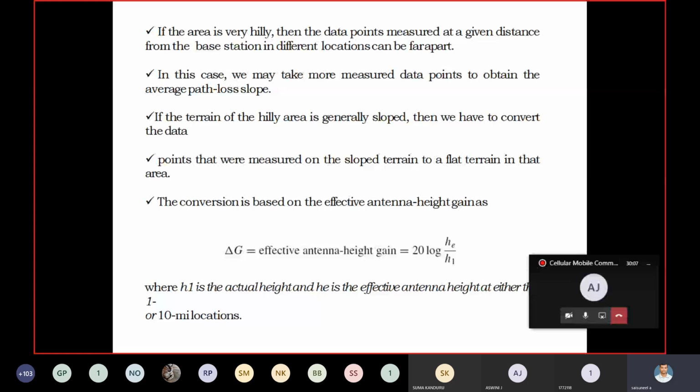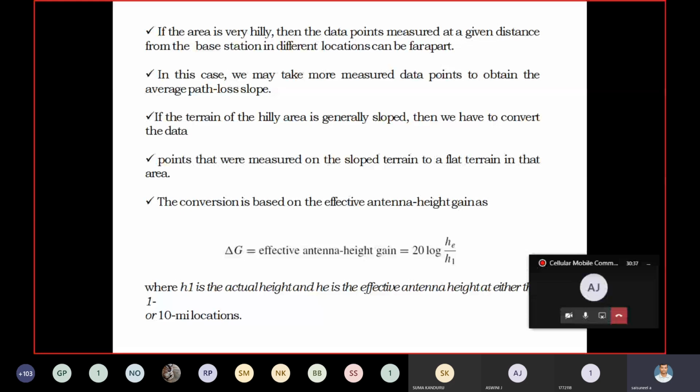At that time, we have to calculate the effective antenna height gain, that is delta G, which is equal to 20 log HE by H1. Here H1 is the base station height. Suppose H1 is 100 meters, but due to this 100 meters, we are not getting proper signal after the hill.